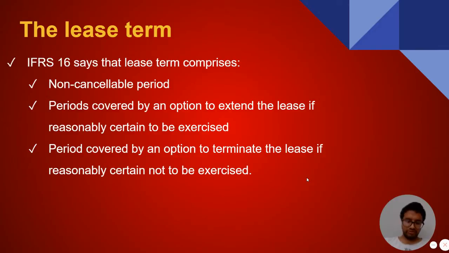So if you are certain that the lease won't be terminated after 5 years, let's say we will be renting it for 7 or 8 years, right? So you are not reasonably certain that it won't be exercised, so that will also be included. Even though the lease term is only 5 years, you will also have to include the other period as well.